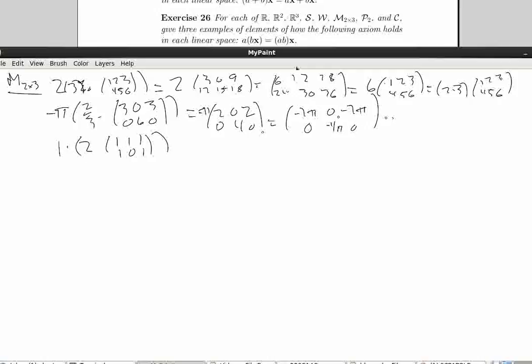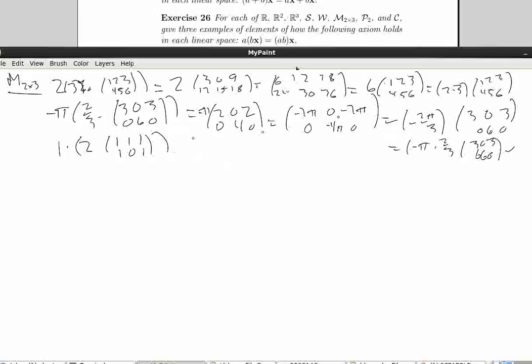Oh, I can pull out -2pi over 3 times, and when I do that, I get 3, 0, 3, 0, 6, 0, and I can rewrite this as -pi times 2/3 times 3, 0, 3, 0, 6, 0.